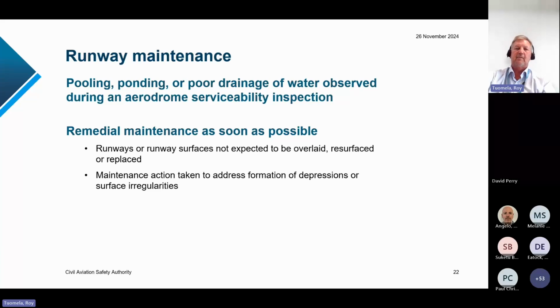But if there's a need identified by industry, CASA would be happy to engage with the AAA as to whether any further training would be beneficial.